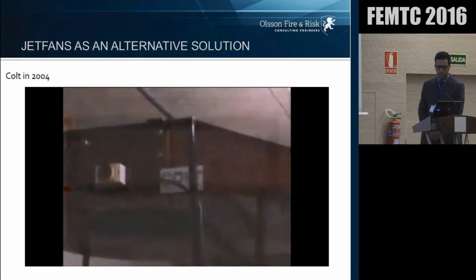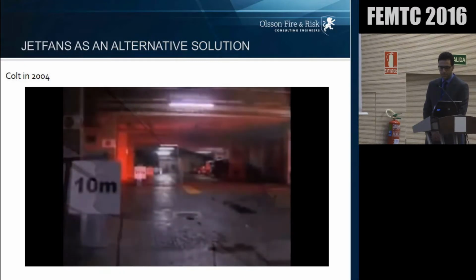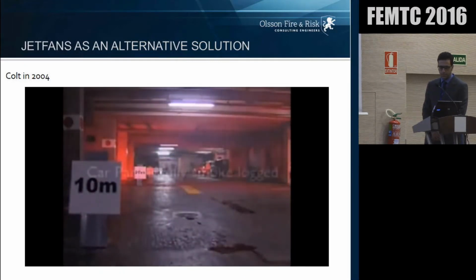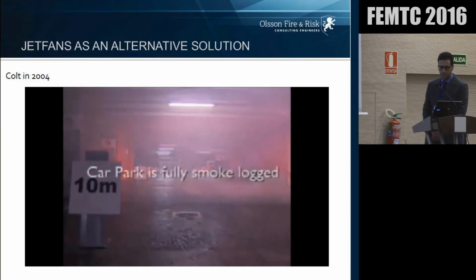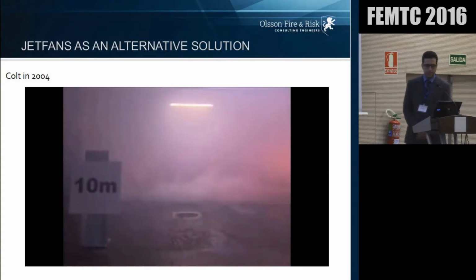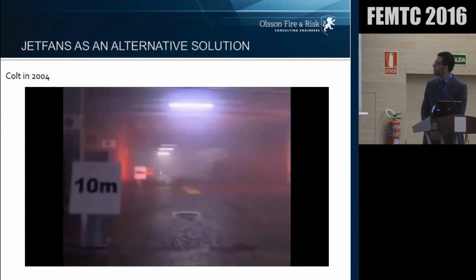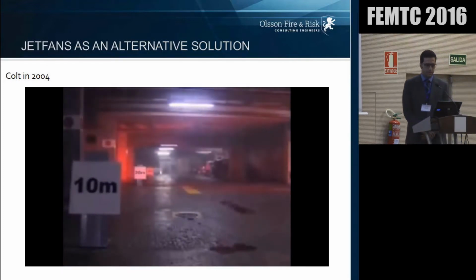The third test again used the existing extract system, modified to extract from a single point halfway down the car park, still at 10 air changes per hour, with 2 Colt cyclone induction fans running to create internal air movement, replacing the distribution ductwork. At the 20-minute time check here, the visibility was similar to the previous test and much better than in the first test, and the rear wall was clearly visible.